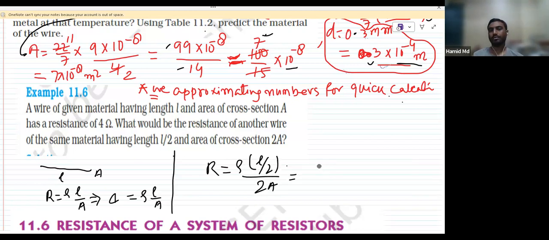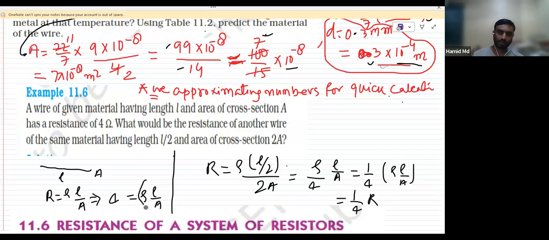So this is rho L over A, and this 1 by 2 will be 1 by 4. The 1 by 4 stays as it is, and this is rho L over A.